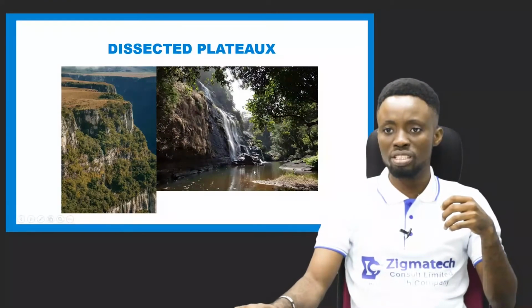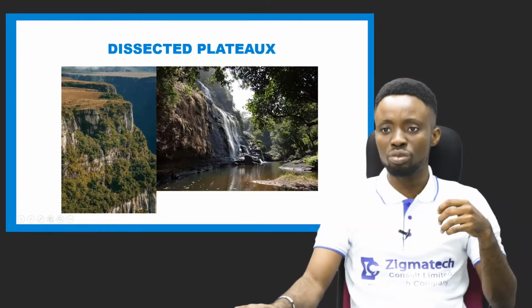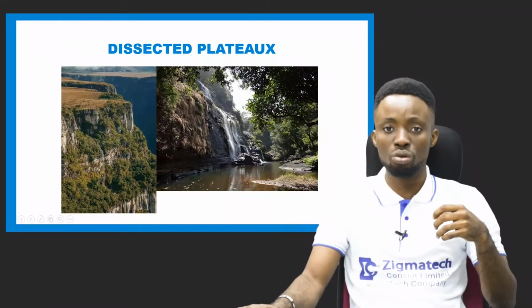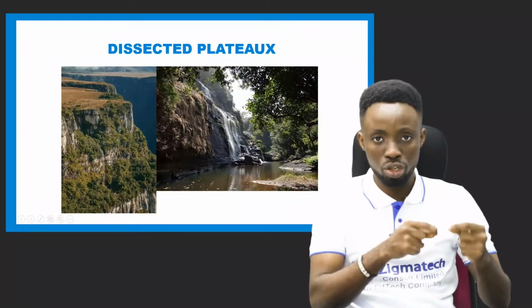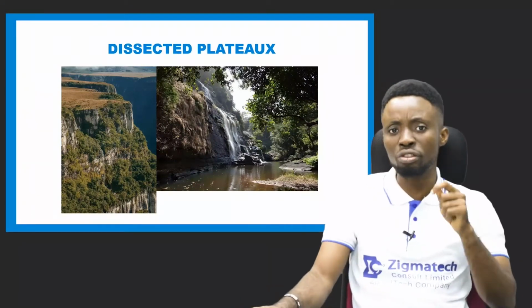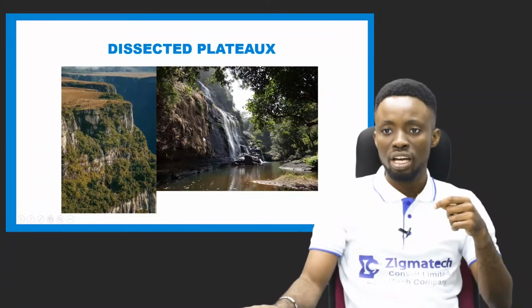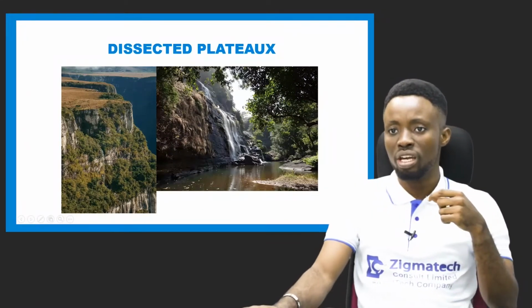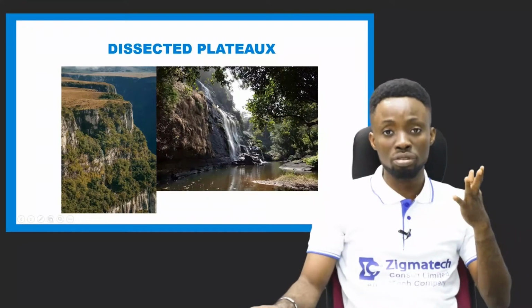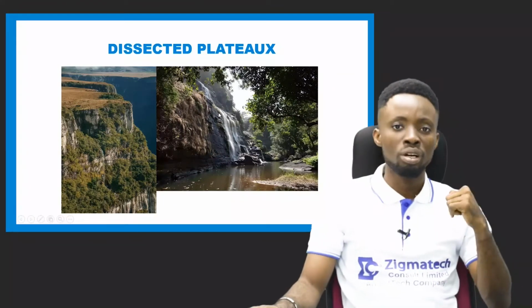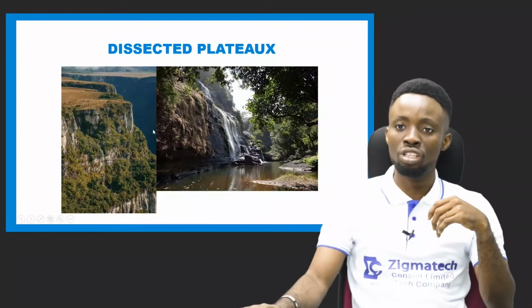This is a typical example of a dissected plateau, and it's been caused as a result of the action of running water. And it's Futajalon Plateau, to be precise, in Guinea.